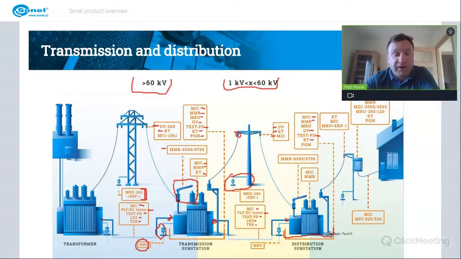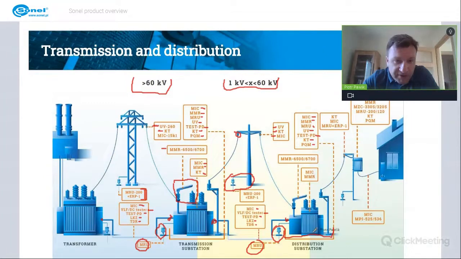With them we can check for any overheating elements, and power quality with PQM, our power quality meters. Now the groundings in the substation we can check with the meters of MRU series, so ground resistance meters, especially MRU 120 or MRU 200.